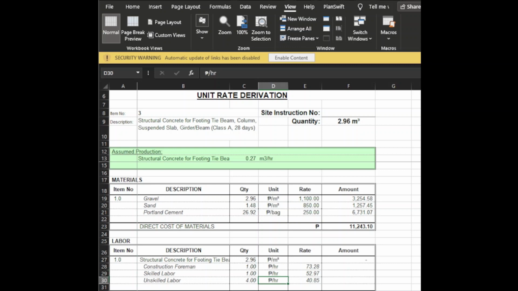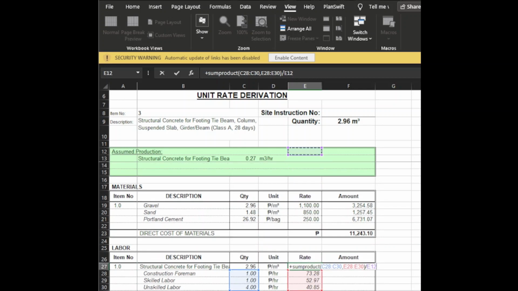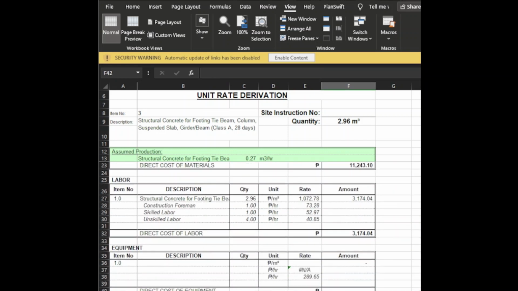So the rate per cubic meter is the sum product of this quantity and this rate, and we will divide it by our assumed production. So it is 1072 per cubic meter, and we will multiply it by 2.96. Our labor total is 3174.